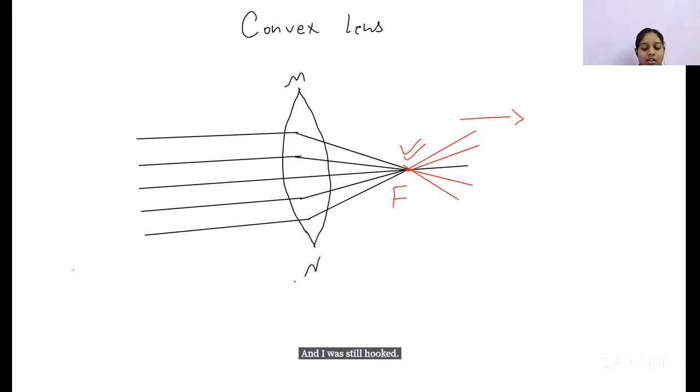Ma'am, I have a question. You get these glasses called zero powered screen glasses that you wear to protect your eyes from the screen. Are these concave or convex?